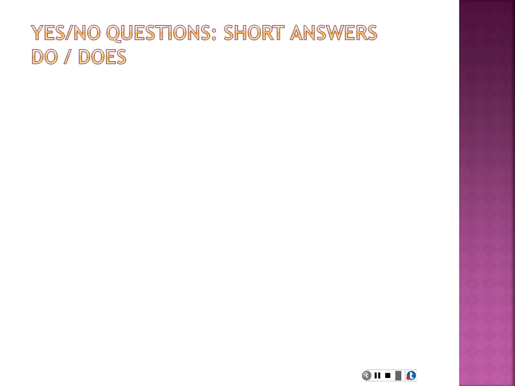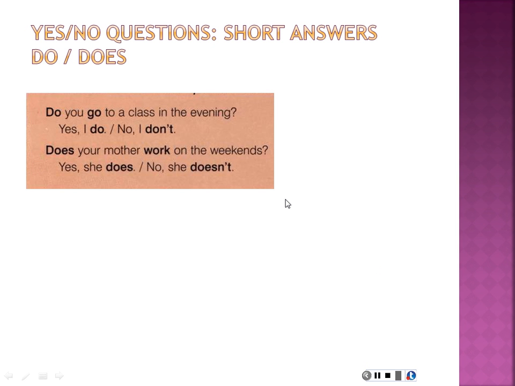Let's have a look at the first part of the examples. We have 2 questions and short answers for them. So, do you go to a class in the evening? This is the first question. The answer to this question, as you can see, we have yes or no. So yes, I do. Yes, I, because you are talking to me.